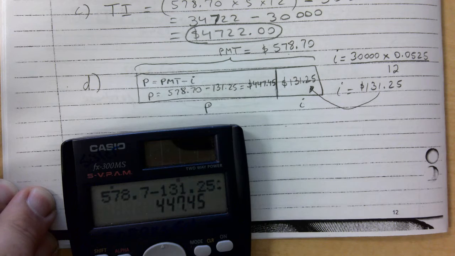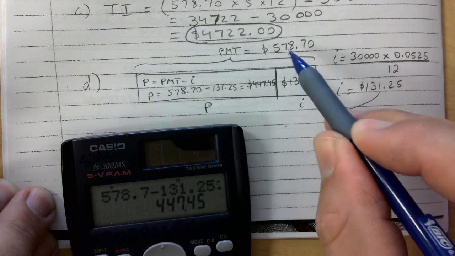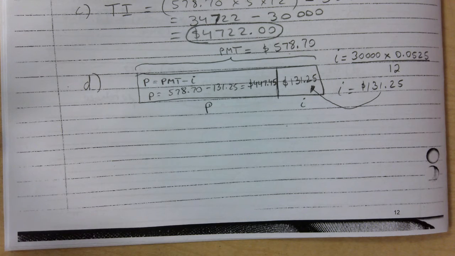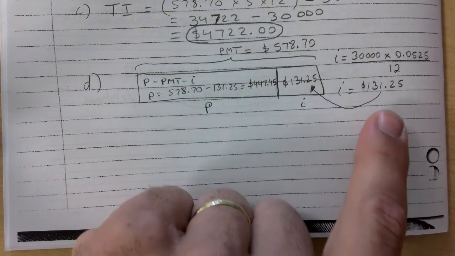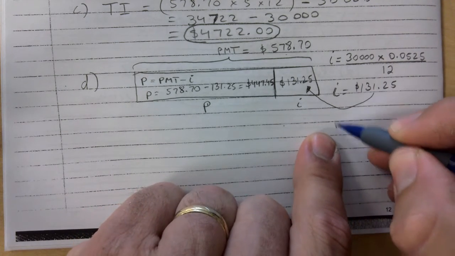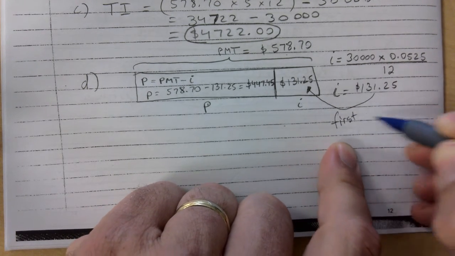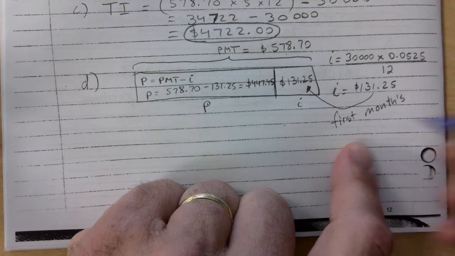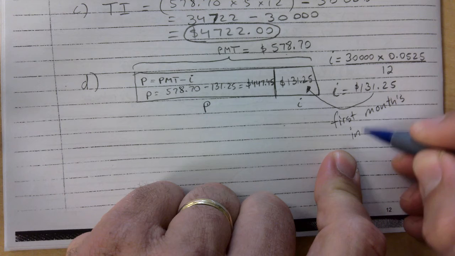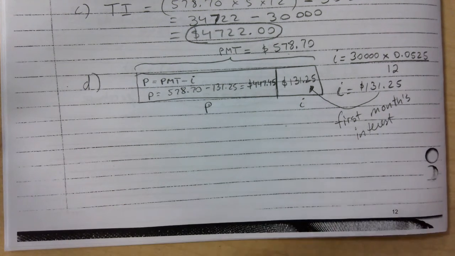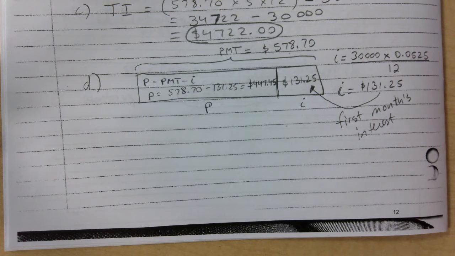And combined, they always give you your payment. The lowercase i is the first month's interest, and that's only on the first month. That is going to change as time goes by.